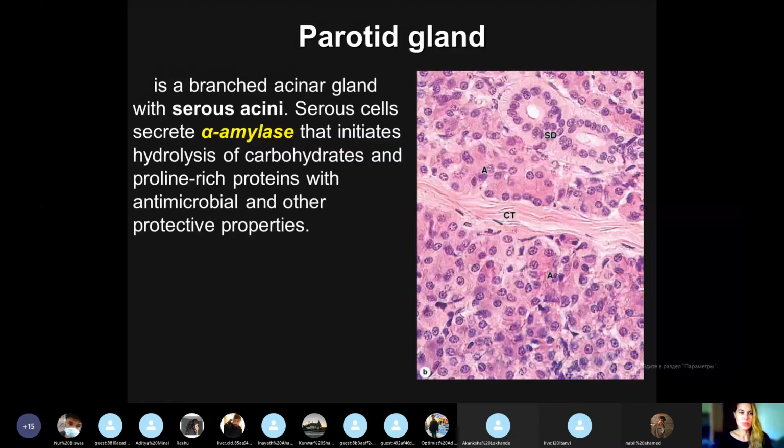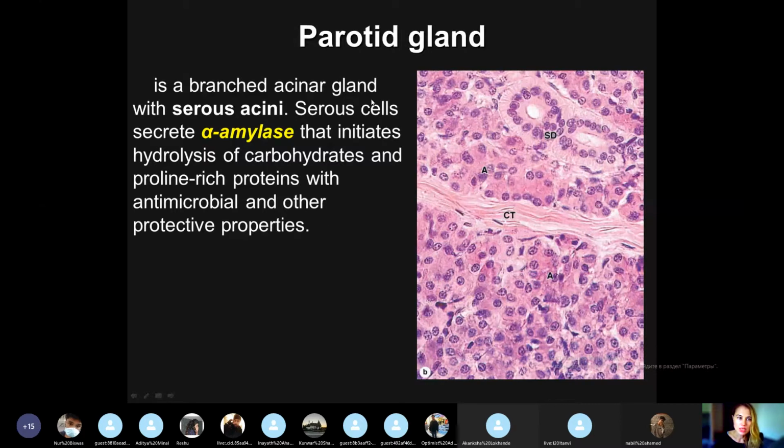Now we go to the salivary glands, to the features of each gland. Large salivary glands, if you remember, are parotid, submandibular, and sublingual. So we are going to start with the parotid gland. What are the structural features? How can we differentiate this gland on the specimen?